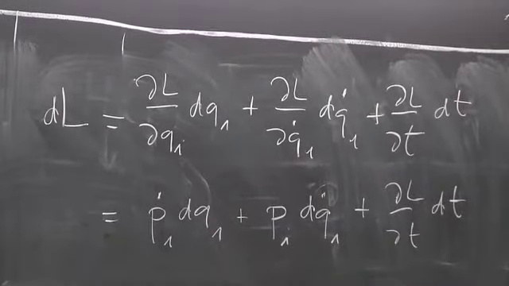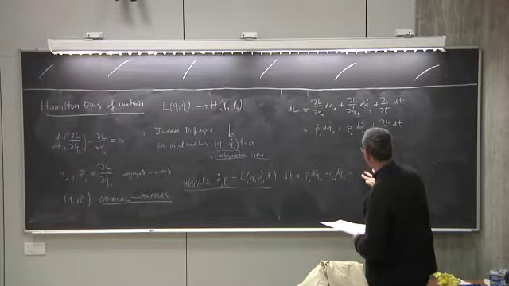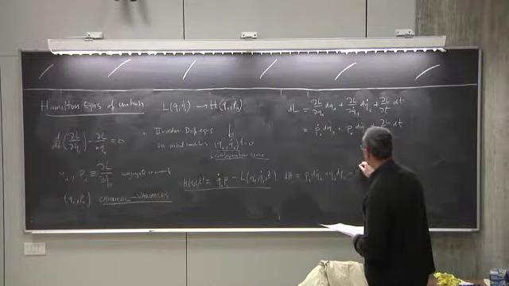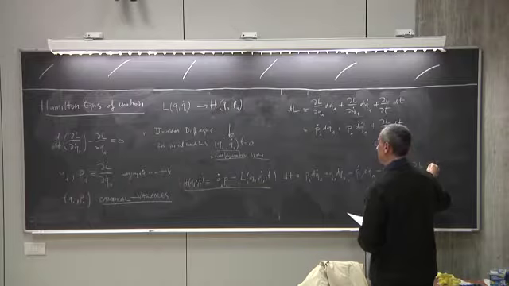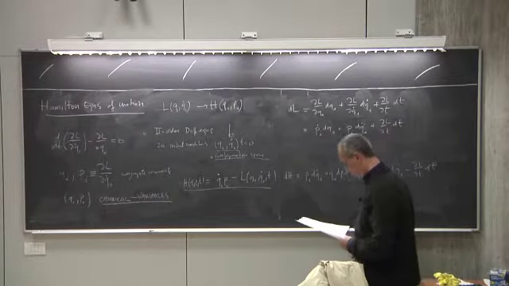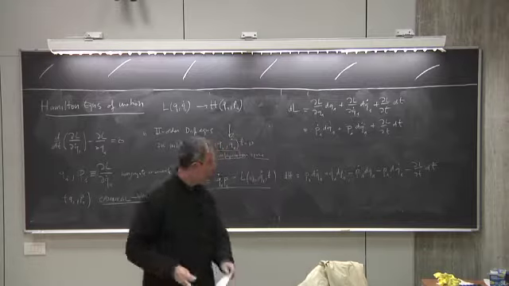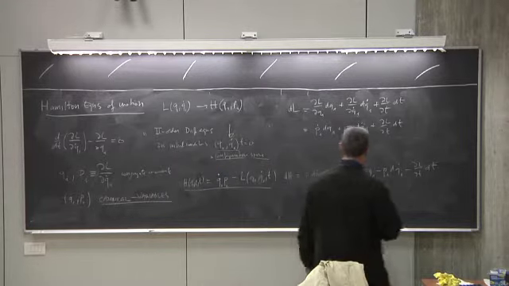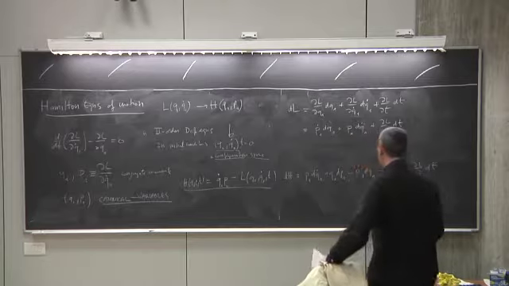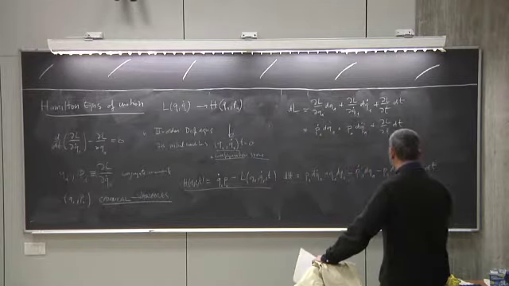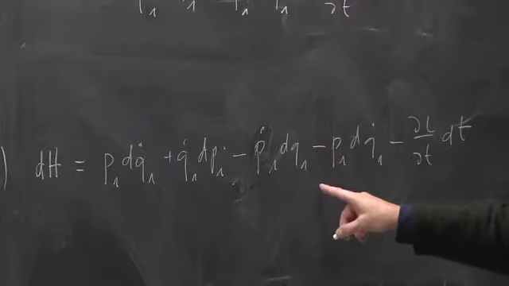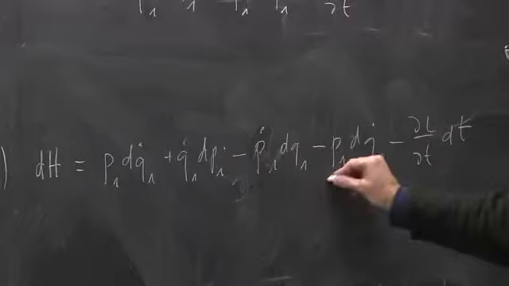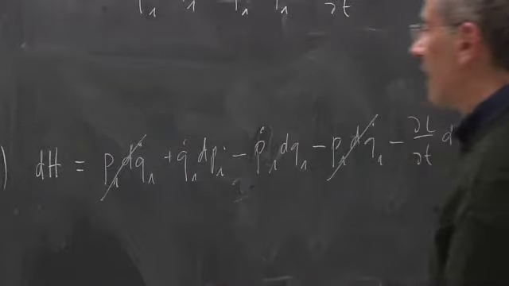So now I can take this and plug it in here. So you see I have minus p_i dot dq_i minus p_i dq_i dot minus ∂L/∂t dt. So as before, for the enthalpy and the free energy, this term cancels exactly that.